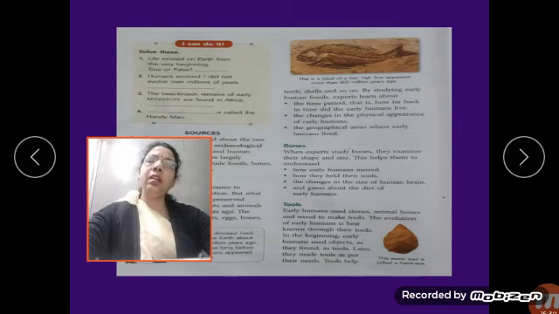Like firstly, they did not know how to make caves, they were living on trees, then they started to live in caves. So fossils tell us about all these.